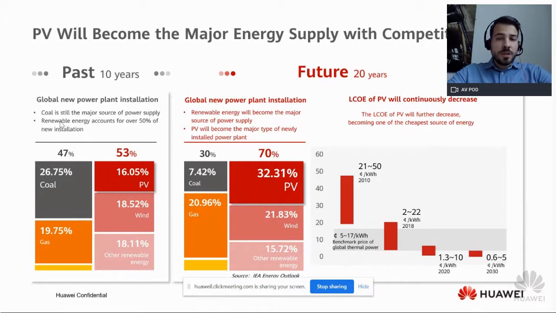So in the future, we expect higher penetration of PV and wind power. So it will happen in the end, and also the LCOE, the levelized cost of electricity, is going lower and lower each year for the PV industry. So it will be cheaper to invest in this segment and to generate power with this solution.